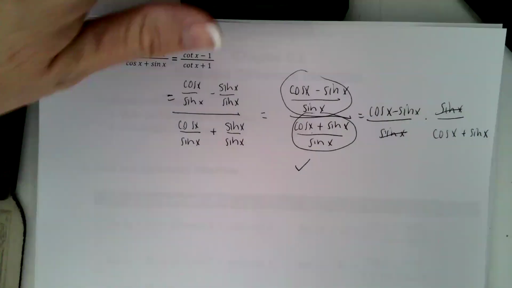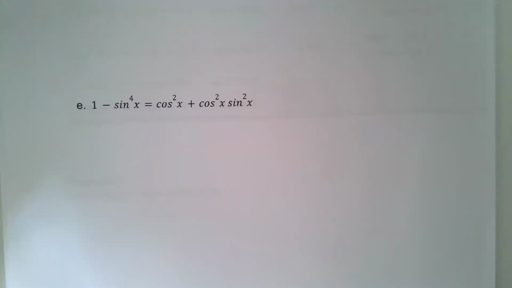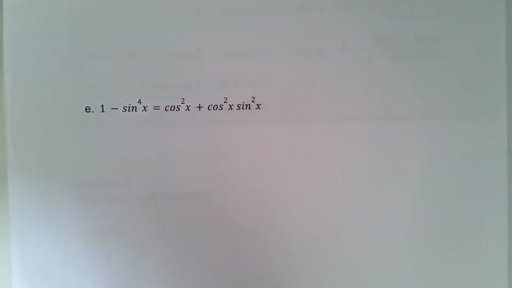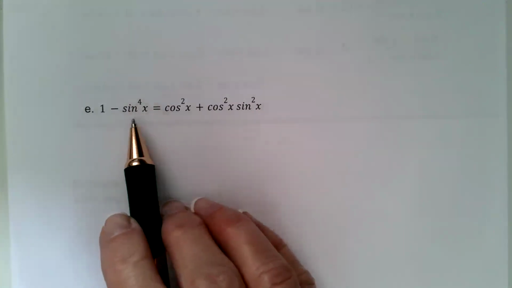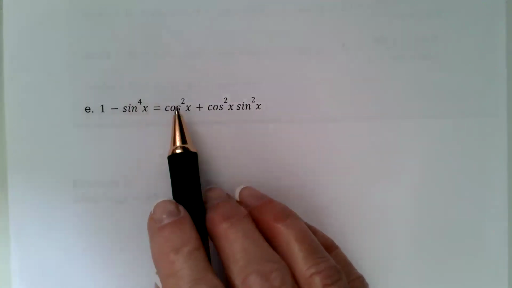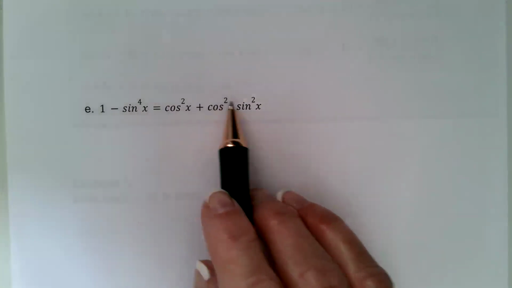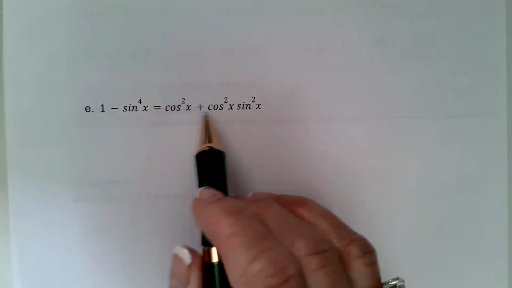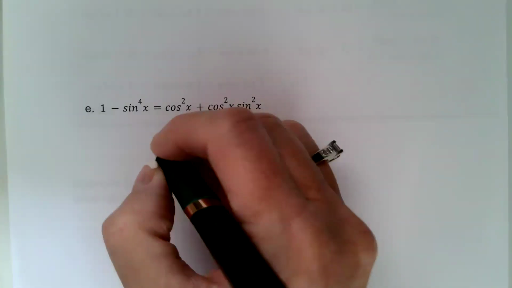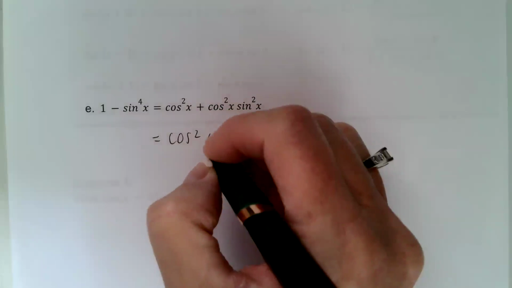Oh, cool. Okay, let's look at E. We have 1 minus sine to the 4th x. So I don't know anything about that right offhand. And I've got cosine squared x plus cosine squared x times sine squared x. So I immediately see that I've got a cosine squared x in both of these, which I'm going to factor out.